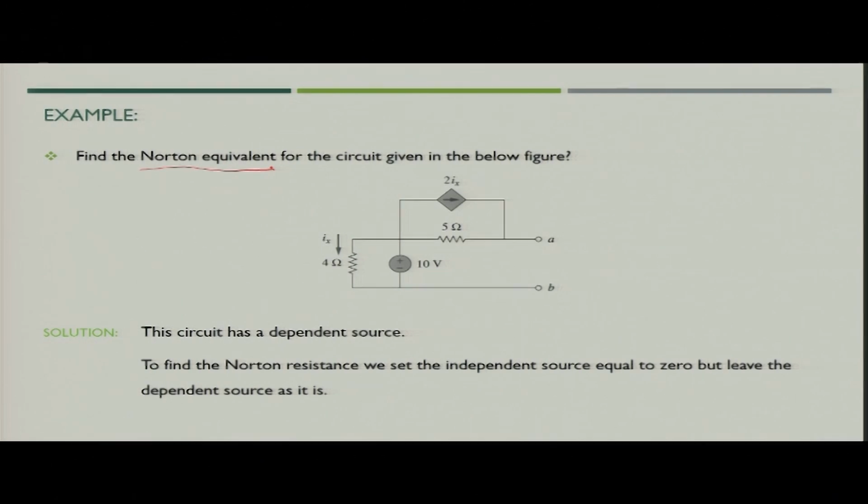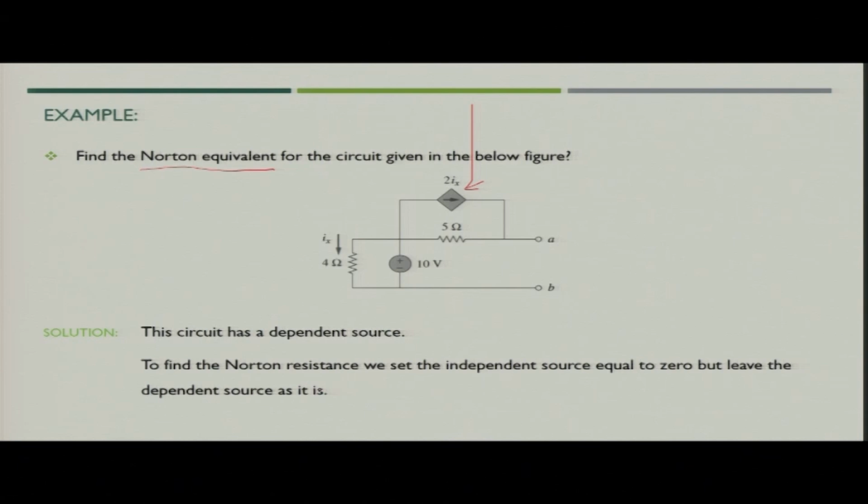If you see the circuit, there is one dependent current source and one independent voltage source. The value of the dependent current source is 2 I x. I x depends upon the current which is flowing through the 4 ohm resistance.